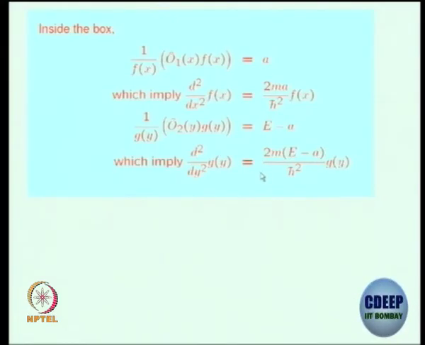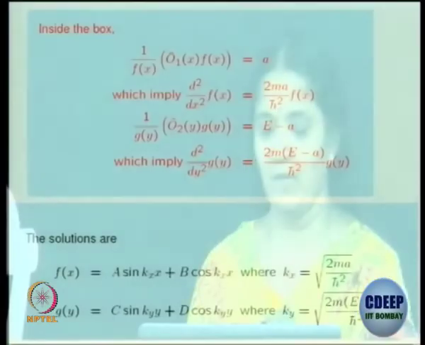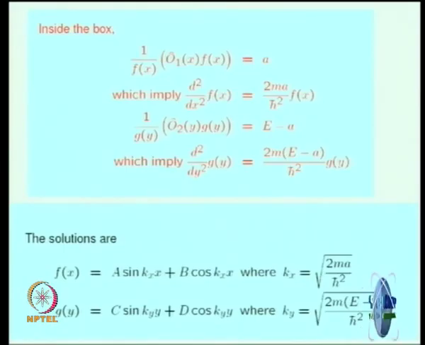What is the solution? Very simple. Sure, all of you know the solution. You can write the first one as f of x equals a sin kx plus b cos kx, and similarly g of y. You put a subscript x for the k just to keep track, so kx is the root of 2ma by h cross squared and ky is the root of 2m(e minus a) by h cross squared.